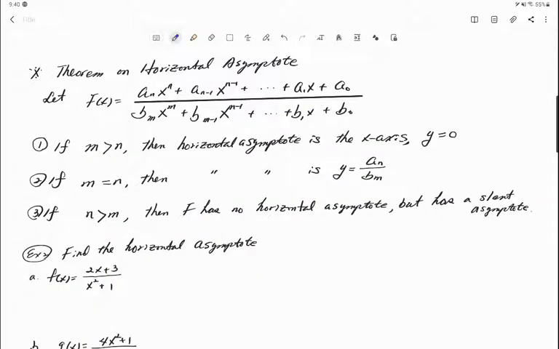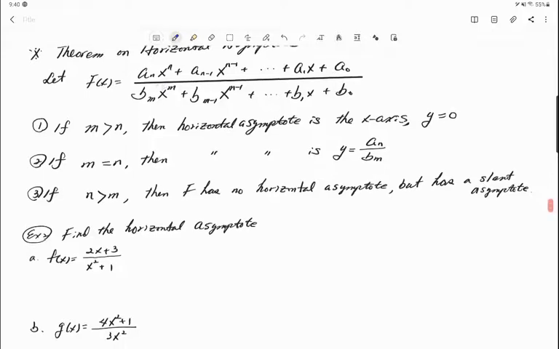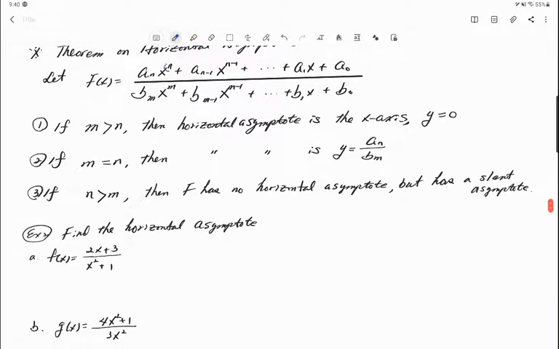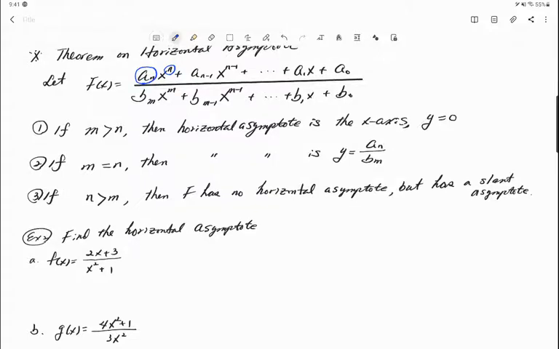Here's also a very, very important theorem about the horizontal asymptotes. Let's say the rational function f of x has a numerator and denominator like this. The numerator is a polynomial whose degree is n, and the leading coefficient is a sub n, right?